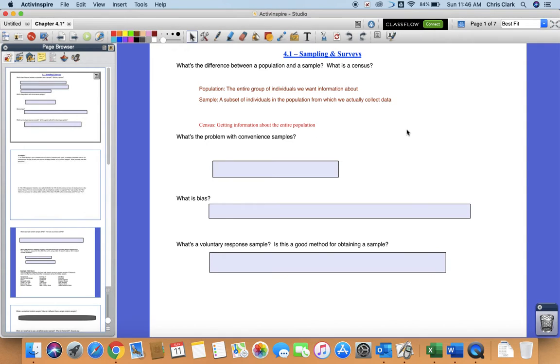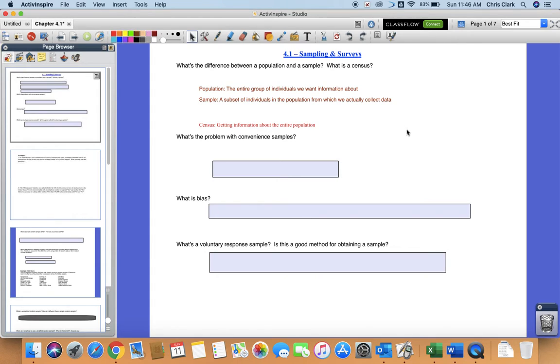All right. So, convenience samples. Let's talk about what a convenience sample is first, and then we'll talk about the problem with a convenience sample. An example would be if I was outside of the mall and the information I wanted was how much time teenagers usually spend in the mall, and every teenager that walks up to me, I'd ask how long they spend in the mall in a given week.